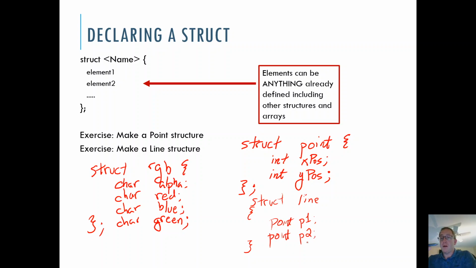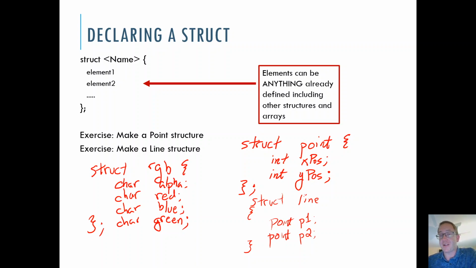I could make a data structure that uses the data structure I defined before. Or I could put 4 integers in there and have x pos 1, x pos 2, y pos 1, y pos 2. Have 4 integers in this data structure instead of 2 points. Both would be fine. It depends on how you want to define this.